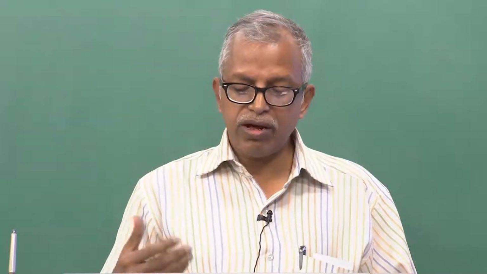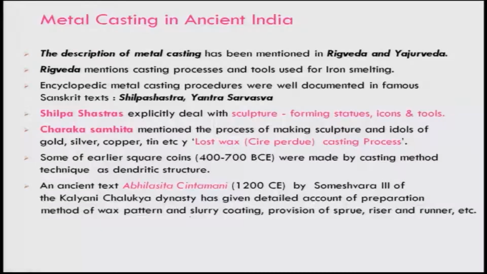There are several other texts, but let me mention another very important text known as Abhilasitartha Chintamani, written by Someshwara III of the Kalyani Chalukya dynasty around 1200 CE, which gives a detailed account of the preparation of the wax pattern, slurry coating and provision of sprue, riser and runners, as we discussed in the terminology of modern casting. Those are mentioned in that book.